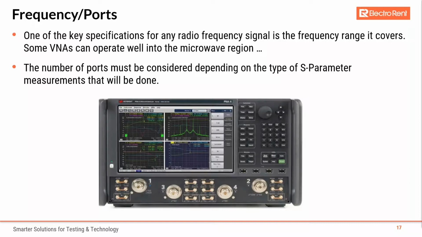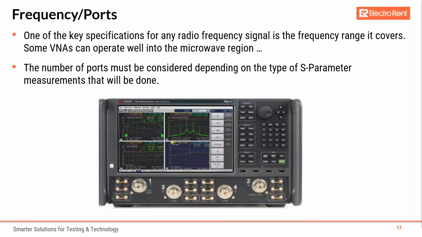The ports of a VNA can vary anywhere from a type N port all the way to 1.0 millimeter ports, with regards to coaxial ports. So depending on the VNA that you select, if you select an 18 gigahertz VNA or lower, odds are you'll have type N female ports on that box. 26 gigahertz models may have 3.5 millimeter male ports, as shown here in the picture of this PNA-X.